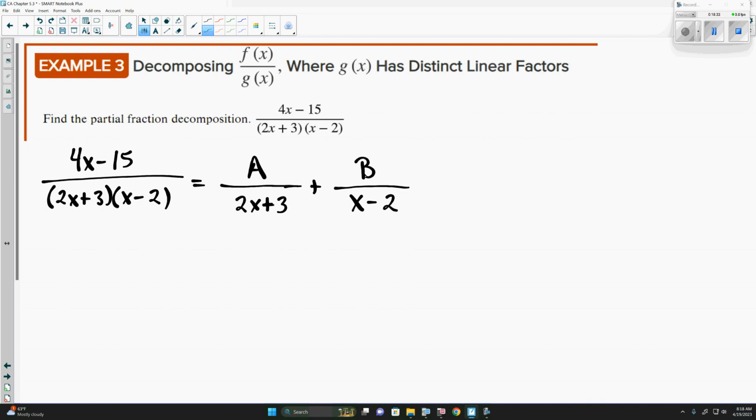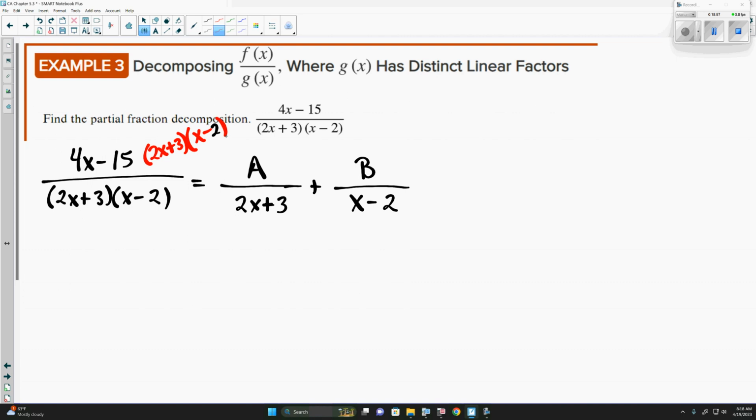We've set it up. Now, the first step in actually solving this is to get rid of the fractions so that we just have a linear or polynomial expression. And to do that, I'm going to multiply everything by the bottom of our starting fraction.